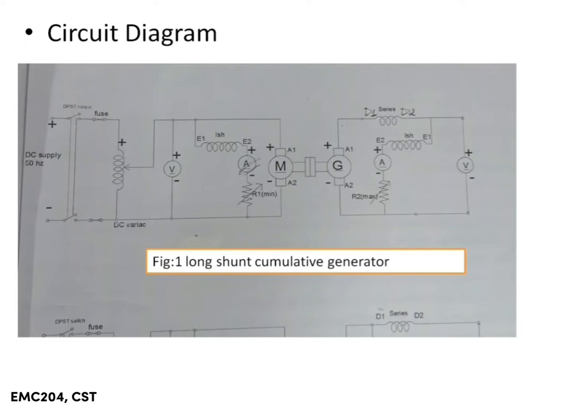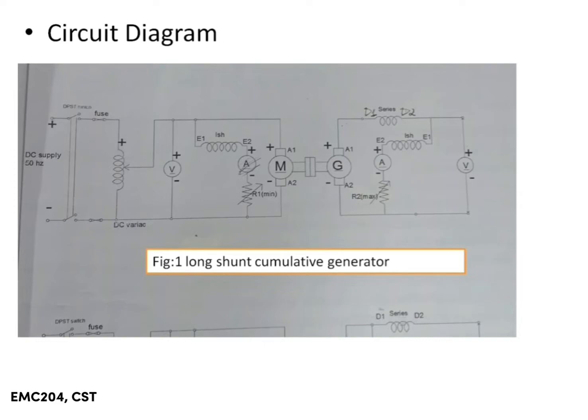Here in the motor side, the value of R1, that is resistor 1, is kept at minimum so that high current flows for easily starting torque. And in generator, the value of R2 is kept at its maximum value so that the current can be controlled from minimum to maximum.